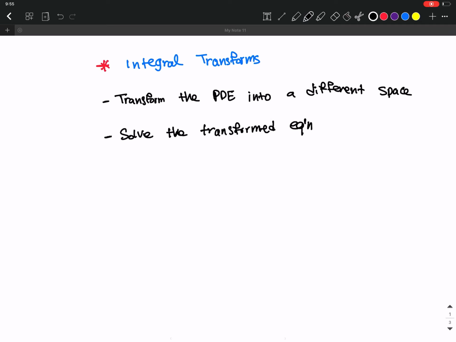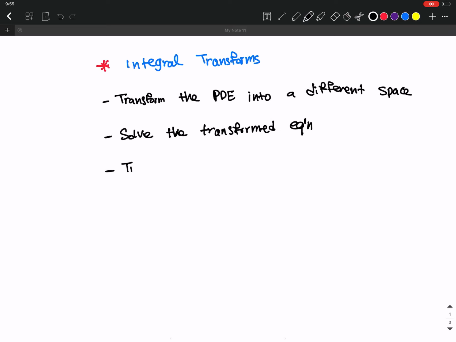And the reason we can do that is when we transform the PDE into a different space, we are going to show that the PDE is going to become a simpler equation, so we can easily solve that transformed equation in the new space. Okay, and then once we solve this equation, we return back the solution into the real space.